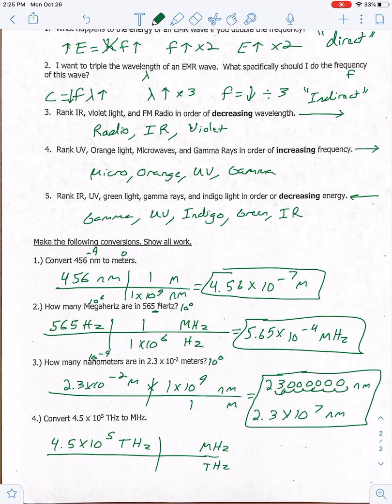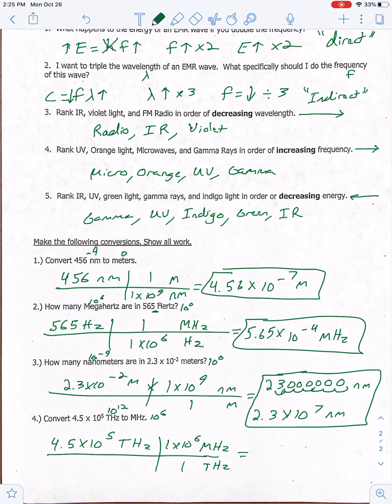Terahertz is definitely bigger than megahertz, so tera is going to be 1. Okay, so let's write out our powers. Mega is going to be 10 to the 6th. Tera would be 10 to the 12th. So I would count how many places it takes to get me from 12 to 6, and that would just be 6. So 1 times 10 to the 6th would be on top.